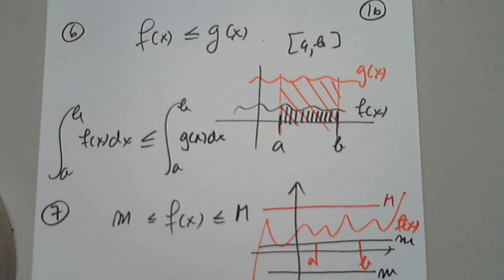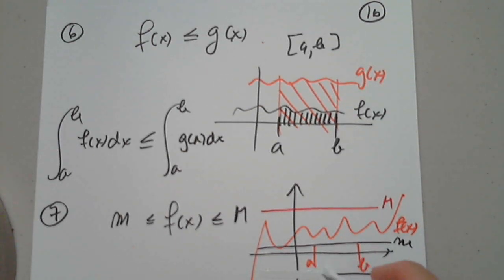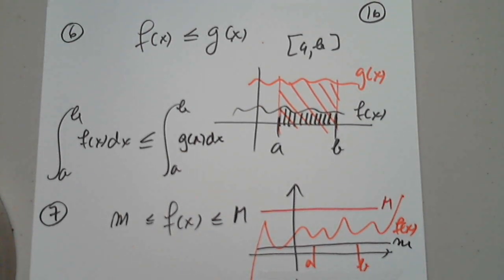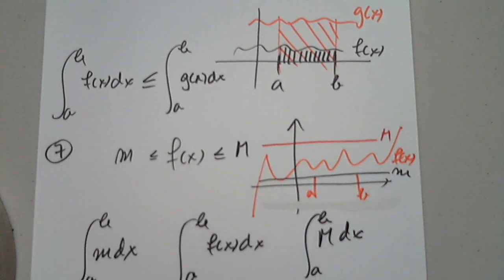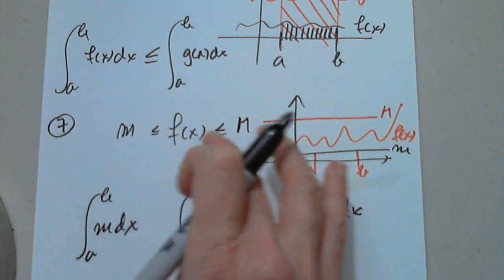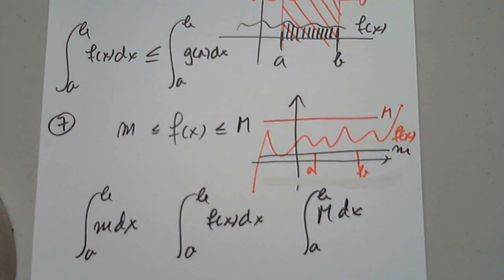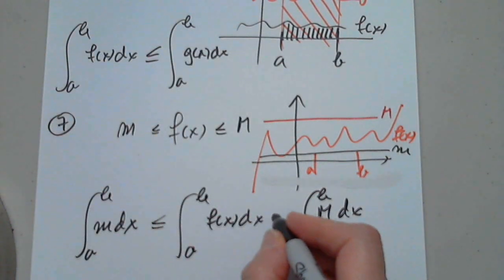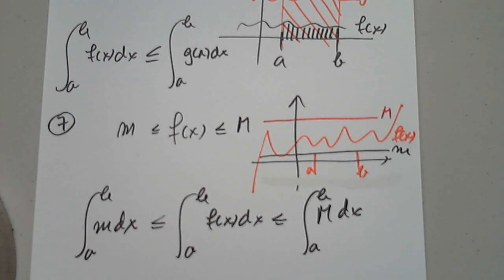Much better. So what do you think the relationship is between the area of m dx from a to b and the area from a to b of f of x dx, and the area of m dx from a to b? If I have this relationship between the function and 2 numbers, what will be the relationship between areas? I know it's silly because it's the same thing, and the integrals have to be in the same order.